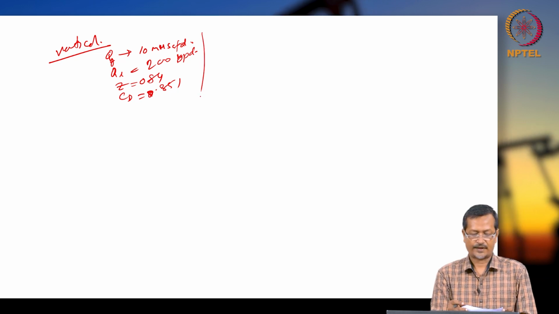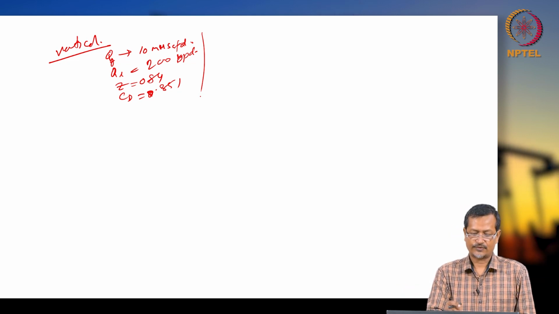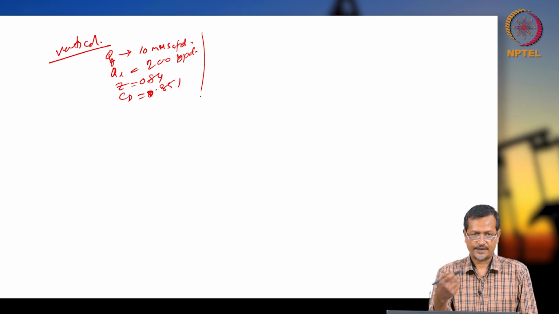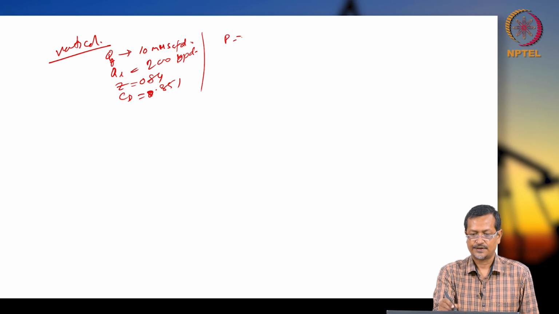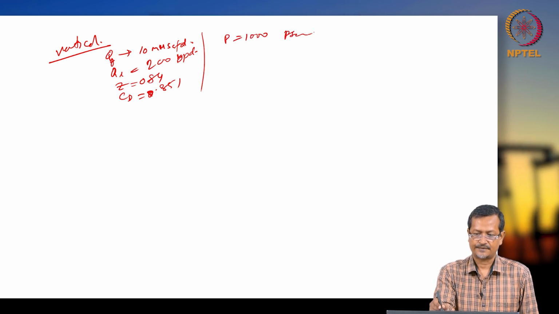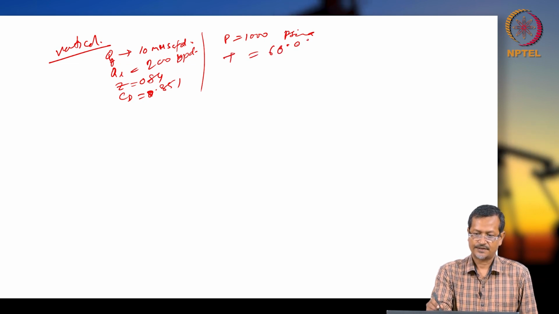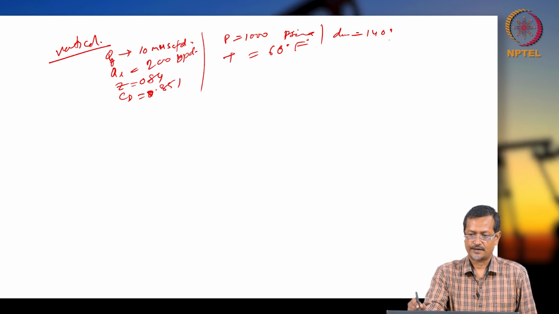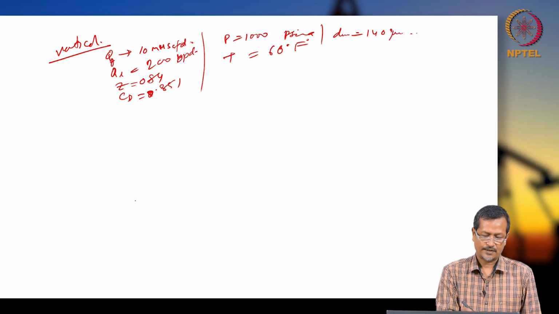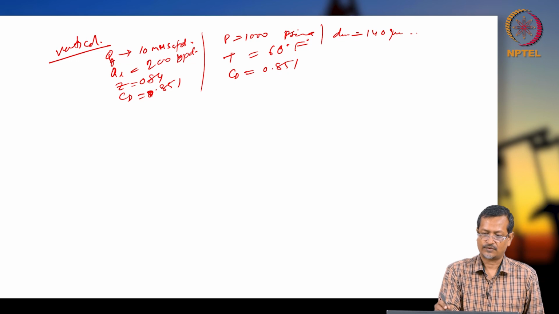So all the parameters you took for the horizontal separator, take the same for the vertical separator. Now you try to calculate D, LSS, slenderness ratio. Operating pressure is given as 1000 psi, temperature is 60 degrees Fahrenheit, and the diameter is 140 micron. So initially assume CD value 0.851, already written.